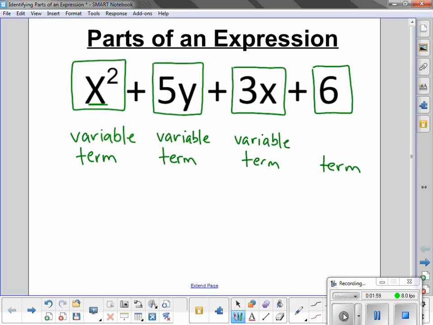And finally, 6 is a constant term. The reason it's a constant term is because there is no variable involved. So no matter what the value of the different variables are, 6 is always going to be the same. It doesn't change. Therefore, we call it constant.